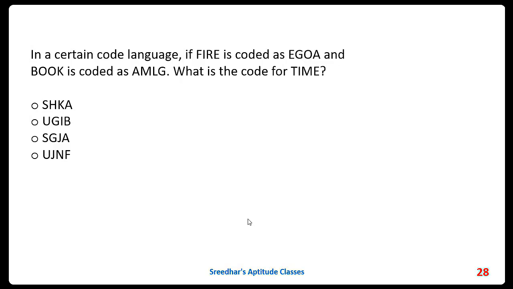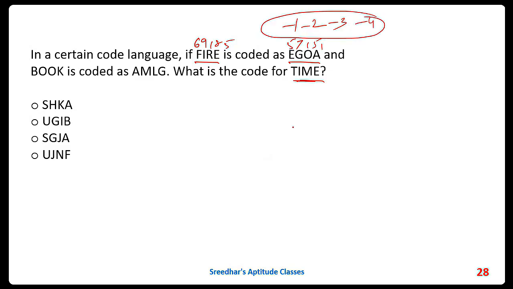Okay, right. So if FIRE is this, BOOK is this, then what is the code for TIME? It seems to be easy. F6 has become E5, so -1. I9 has become G7, so -2. R18 has become O15, so -3. E5 has become A1, so -4. So it's -1, -2, -3, -4.